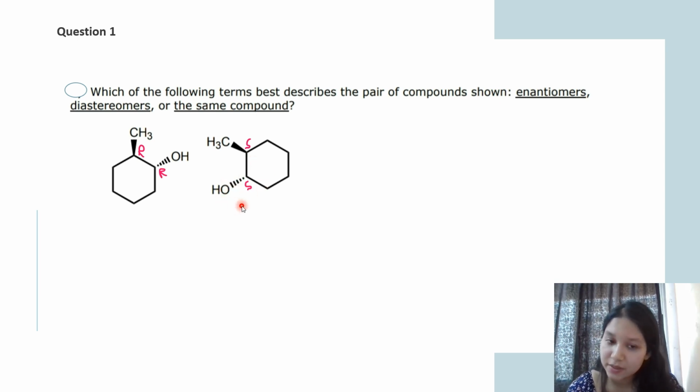For the second stereogenic center present, we have this group as the first priority. This alkyl chain is the second priority because I have already told you for the first case that we have two carbons for this alkyl chain in this direction. But here we have only one carbon and then it is connected to two hydrogen atoms.